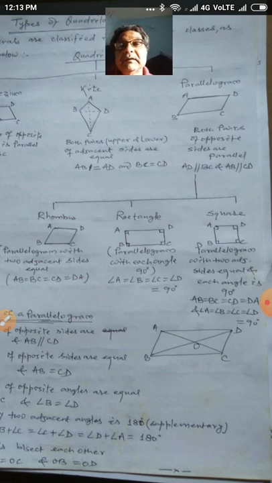So we say diagonals bisect each other, that is, AO equal to OC and BO equal to OD. So these are the five important properties of a parallelogram, which are required while you solve any numerical or reasoning question related to parallelogram given in the NCERT book. One exercise is fully related with these properties of parallelogram.